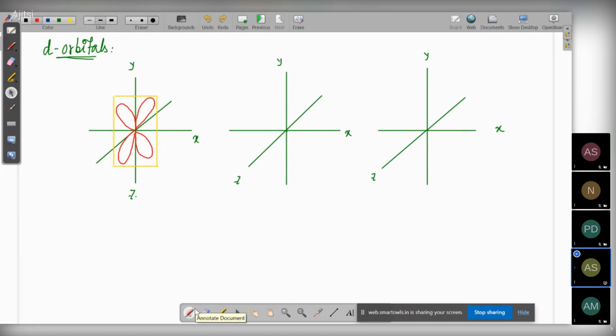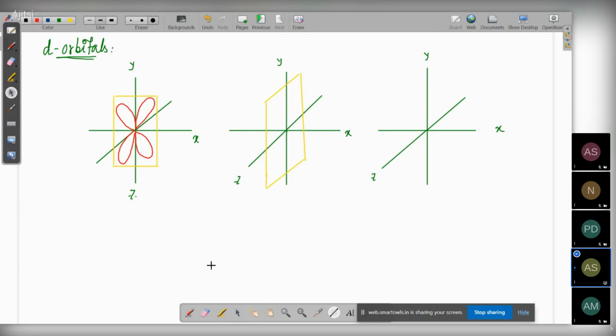Then let's draw the structure of dyz. For yz, first make the box, then it will become easier to draw. This represents the yz plane.